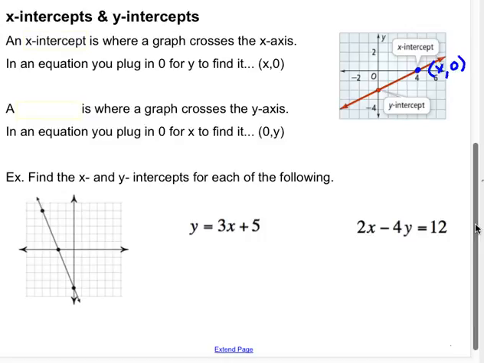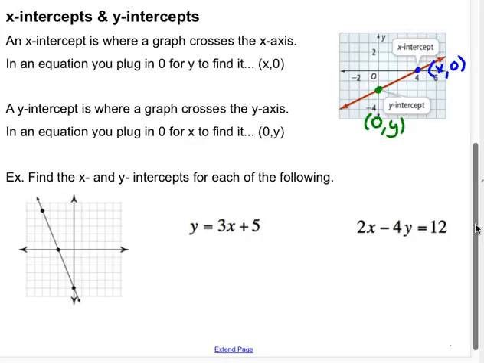So that is your x-intercept. The y-intercept is where it crosses the y-axis. So here, your x is going to be 0, and then you would have whatever y value it crosses at. So the thing to keep in mind is whenever you're talking about an x-intercept, x is a number when y is 0. For the y-intercept, y takes on the value and the x is 0.